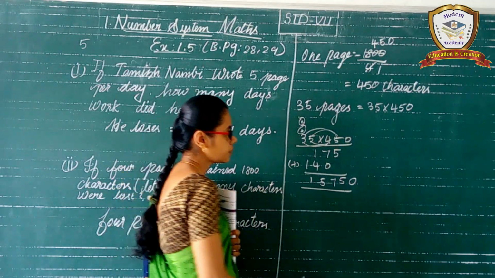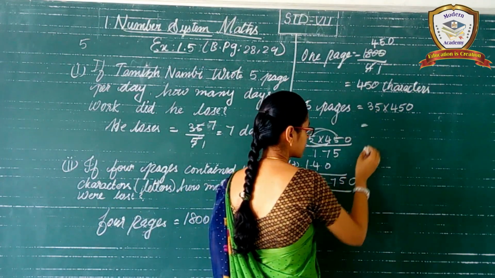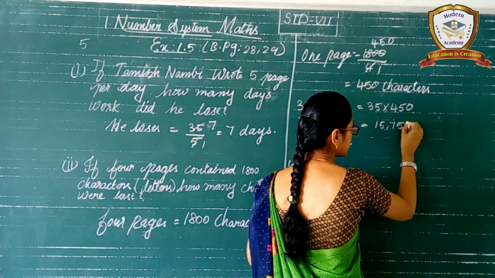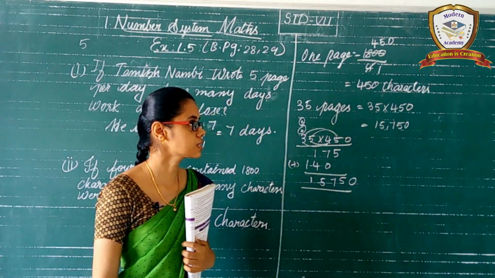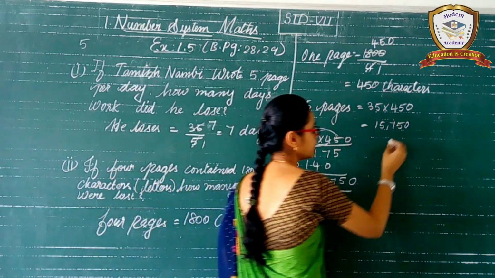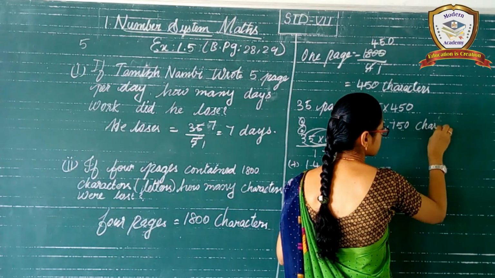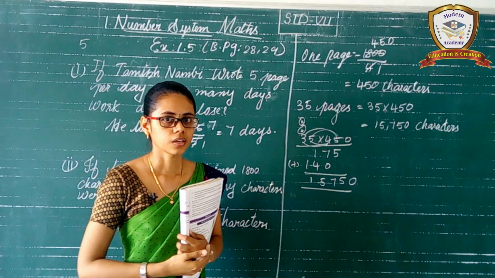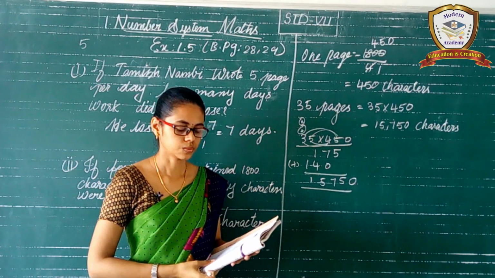Okay. So finally how many characters? 15,750. 35 pages is how many characters? 15,750 characters. Okay. Can you understand this?